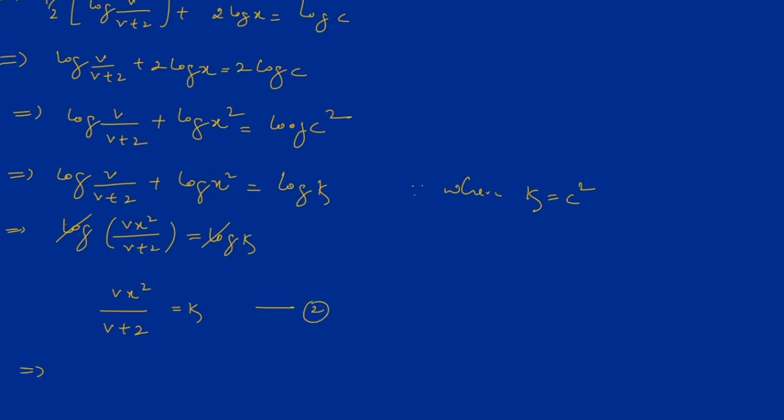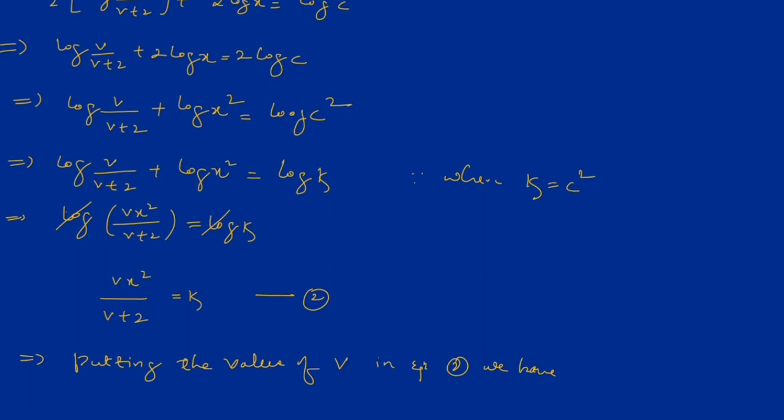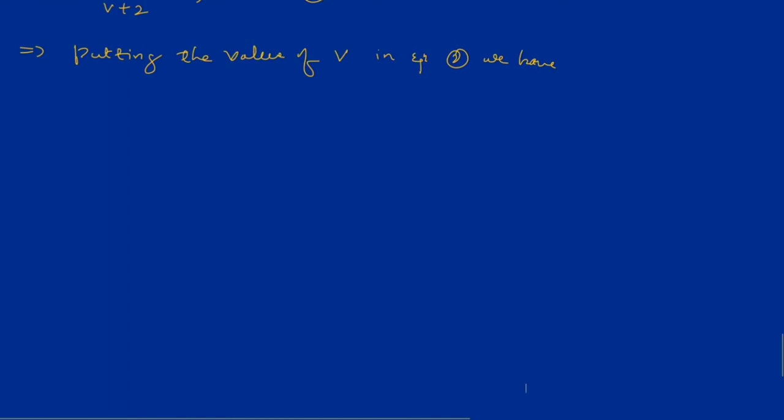Again, which implies vx square by v plus 2 equals k. So putting the value of v in equation 2, we have, just substitute the value here.